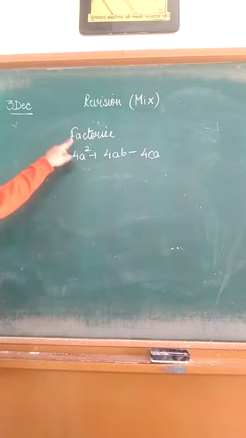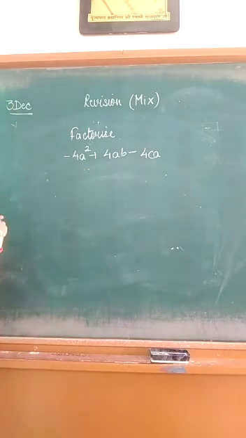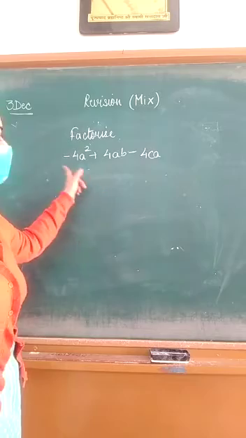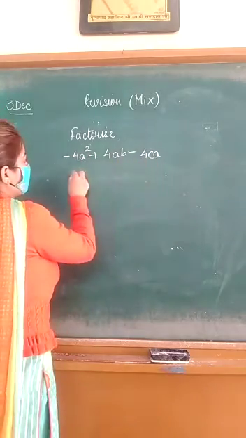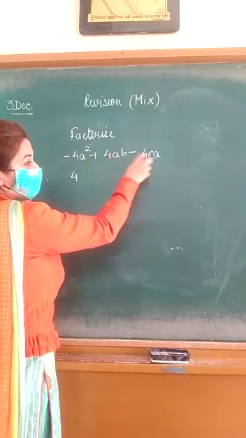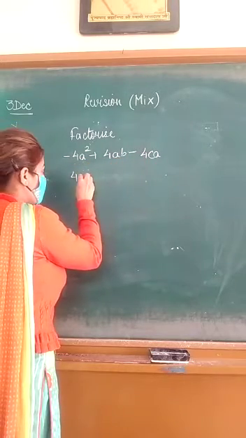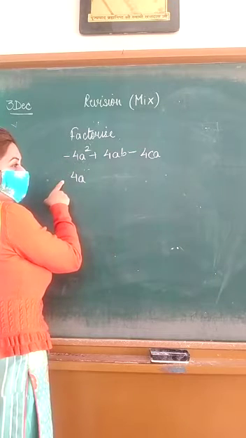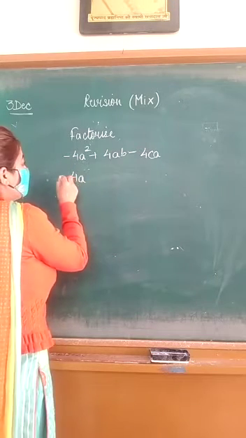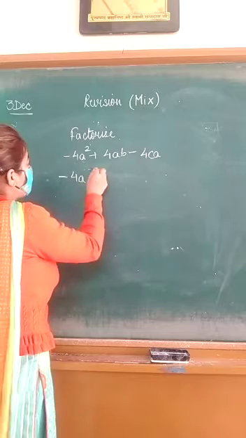Next question is you have to factorize this. The first method is you have to take common from all these three terms. 4 is there in all the three terms. Take 4 common. a is part of all the three terms. Take a common. If you want to take minus common, you can, or you can do it without taking minus common. Suppose I am taking minus common.